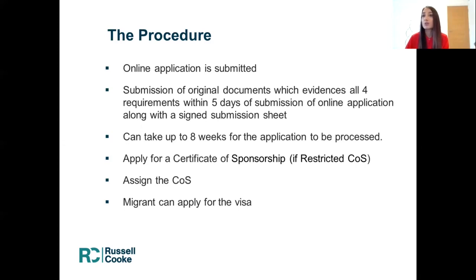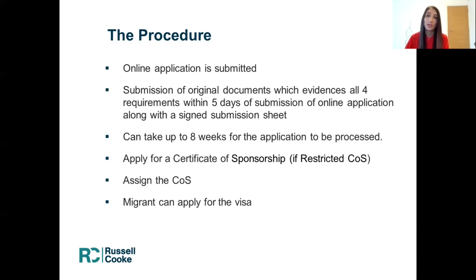When I refer to original documents, remember when we went back to the requirements, the first requirement was to show that the organisation was a genuine organisation operating in the UK, and you would have to refer to Appendix A to ascertain which documents to send to the Home Office. Those are the supporting documents that you would have to send after the submission of the online application.